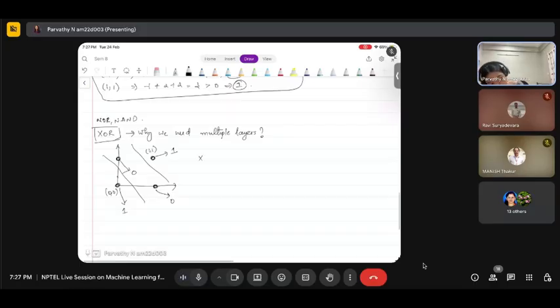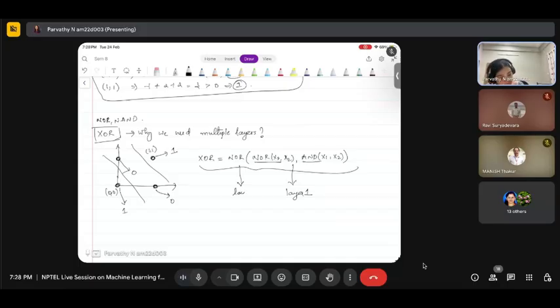So XOR can be expressed as NOR of, if I have x1 and x2 as input, NOR of x1, x2, so this is the function. So this actually includes computing, in layer 1, the NOR and the AND function.